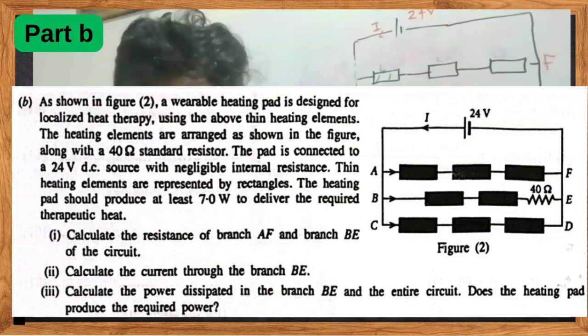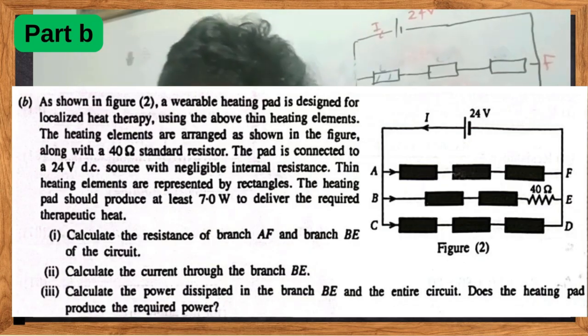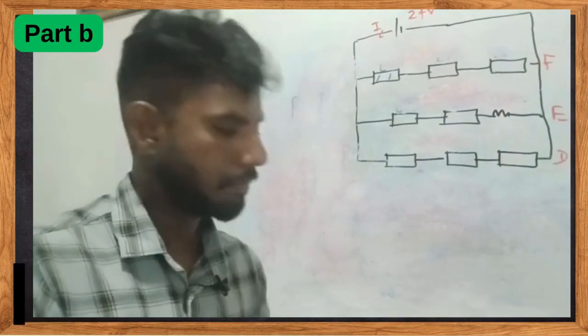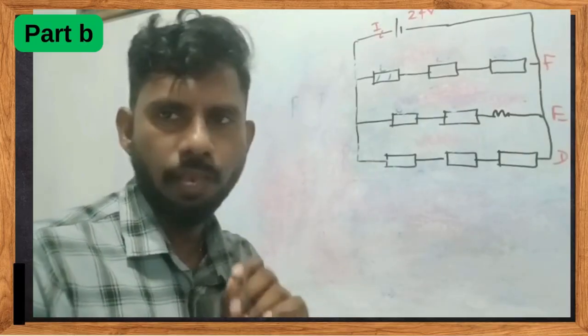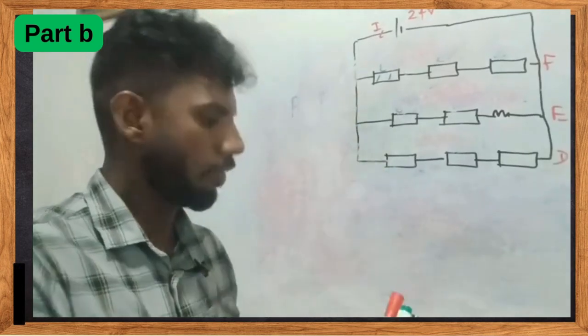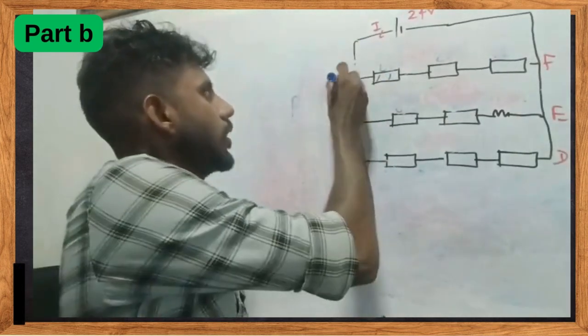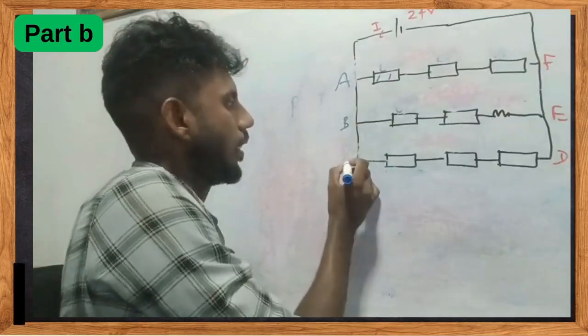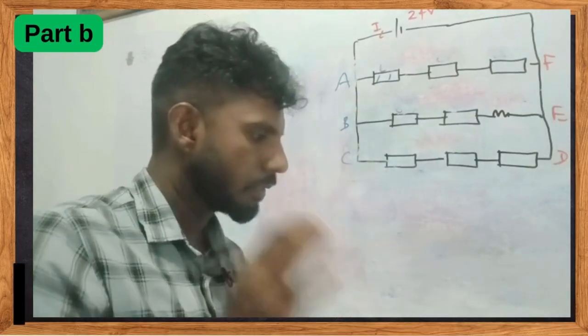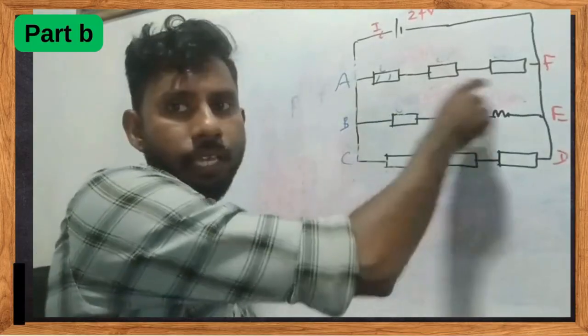Thin heating elements are represented by rectangles here, and the heating pad should produce at least 7 watts to deliver the required heat, right? So here first one, they are asking us to calculate the resistance of branch AF. I haven't drawn it. Here A, here B, and here it's C. Calculate the resistance of branch AF.